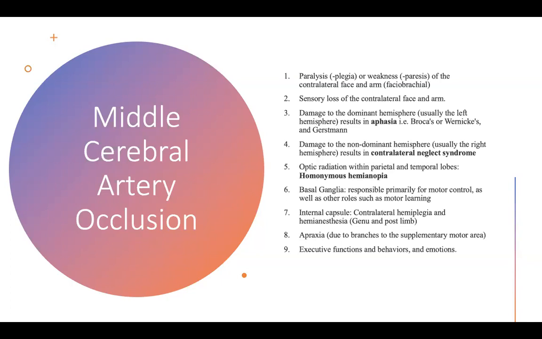Okay, thank you. I was asking, do you know what homonymous hemianopia is? I think, for example, if the left cortex is affected, the right visual fields of both eyes wouldn't be there, I think. Okay, did you study the visual pathways? Because if you did, then I can explain.